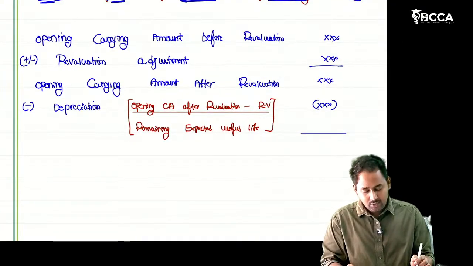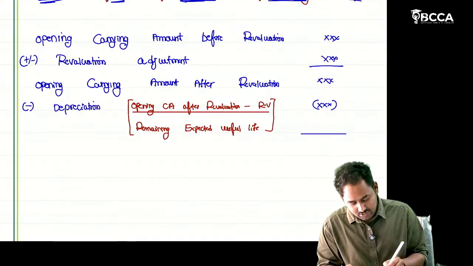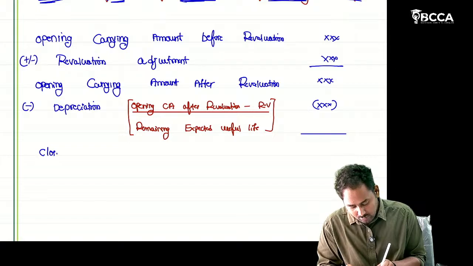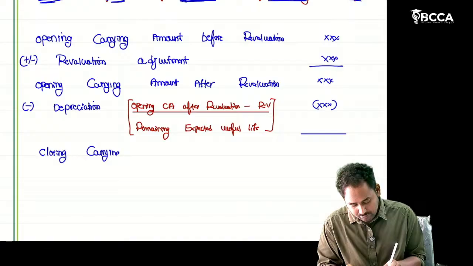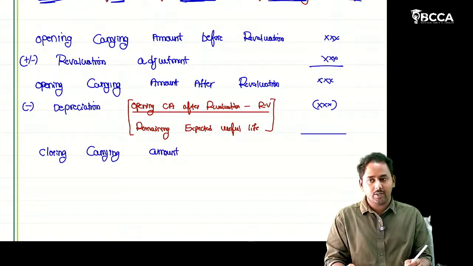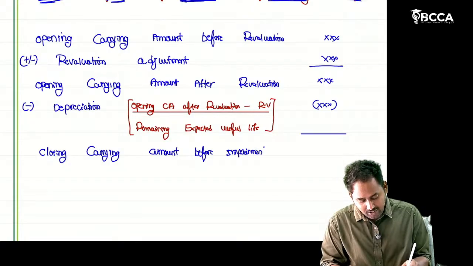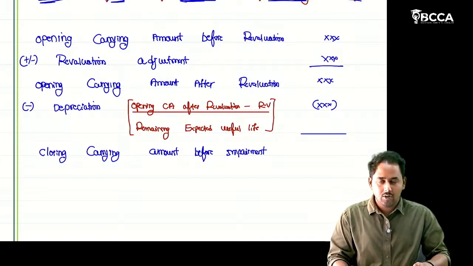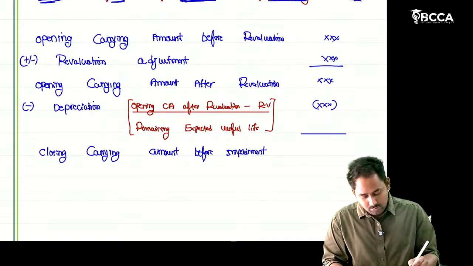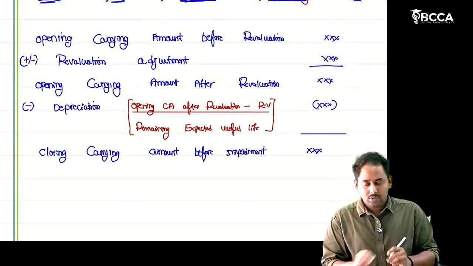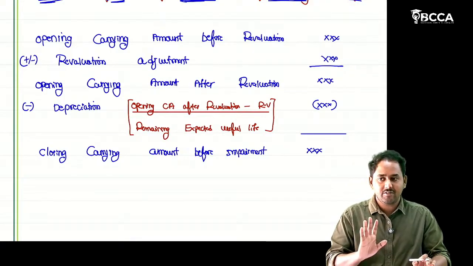So opening carrying amount after revaluation minus depreciation, then I get closing carrying amount before impairment. There is a separate chapter called impairment of asset, and we will have a detailed discussion on impairment. Impairment means reduction in the value of the asset.